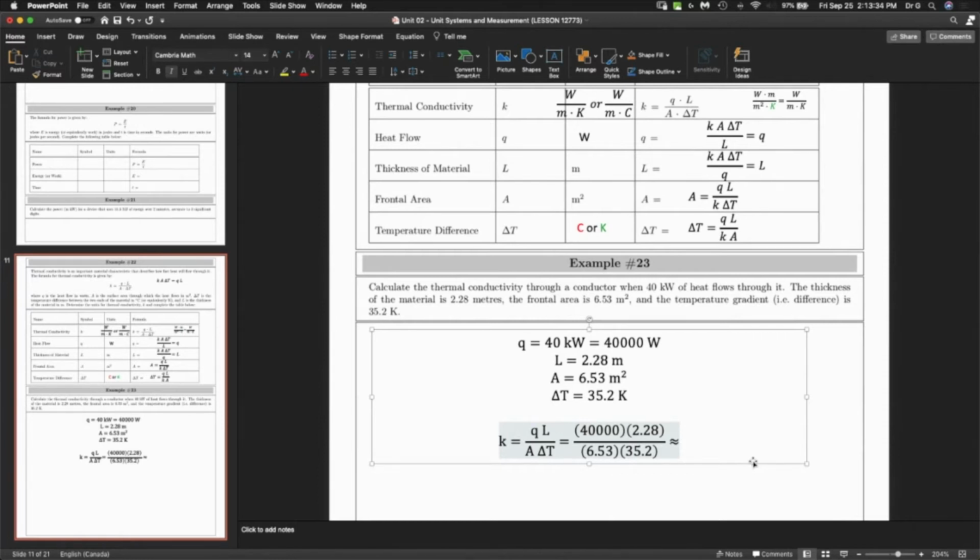Anybody have an answer for this? Yeah, 397. Nice, Mario. 397 watts per meter per Celsius.